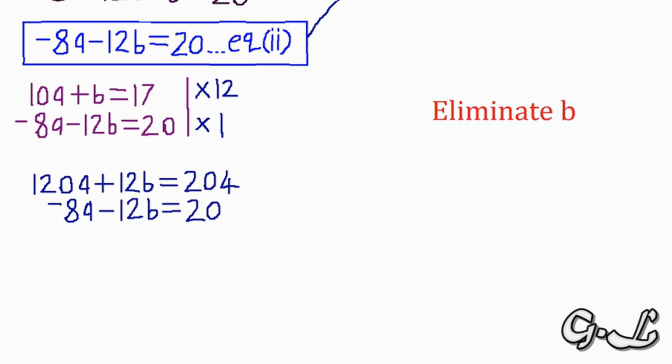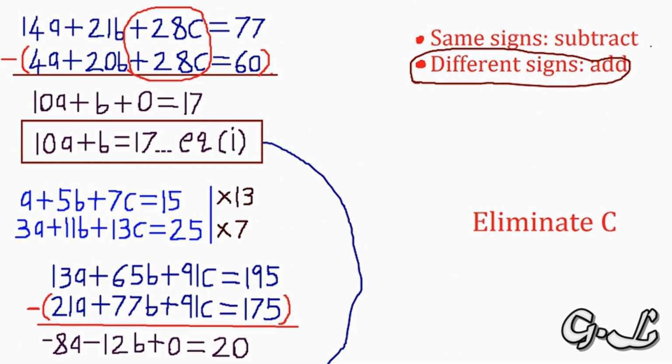So what you have to do again is what we did earlier. We said that if you're eliminating a certain number, and when you check the coefficients you have different signs, you need to add. If you have same signs, you need to subtract.